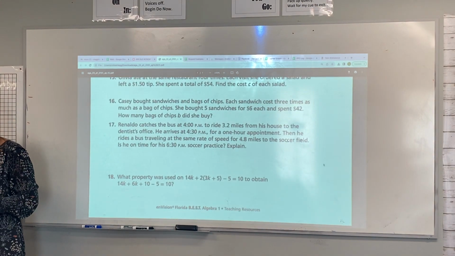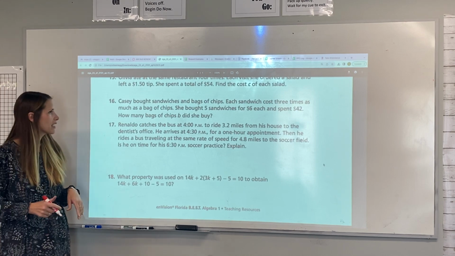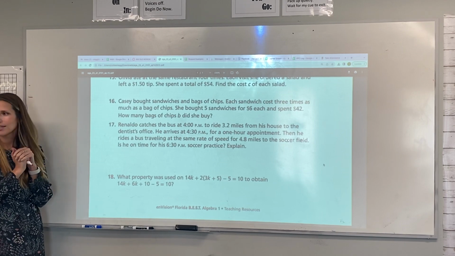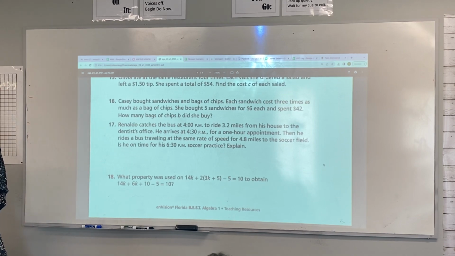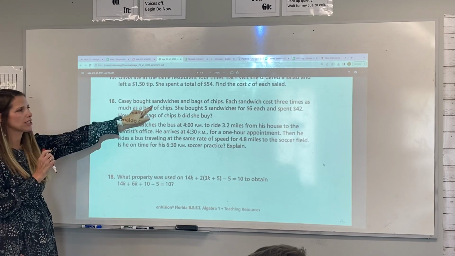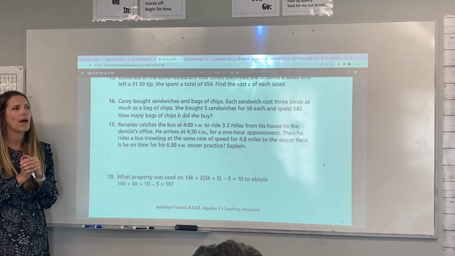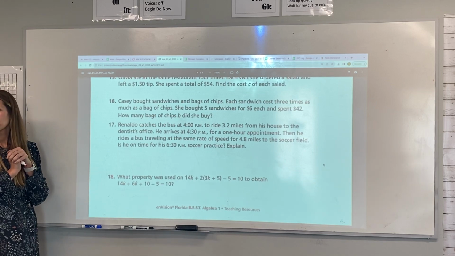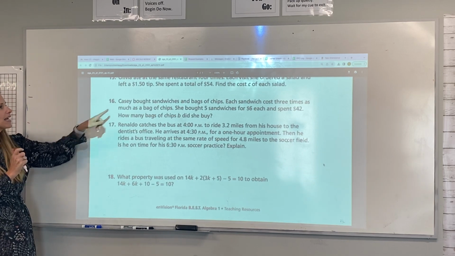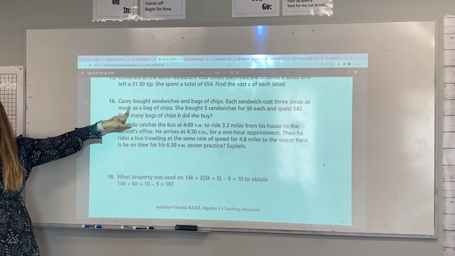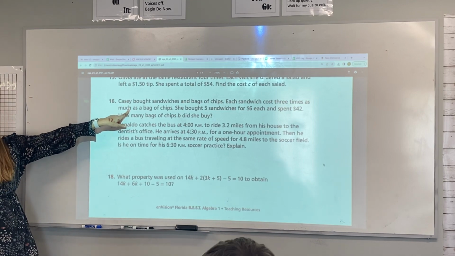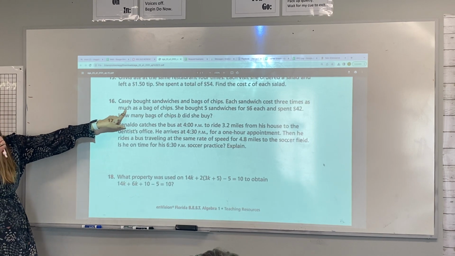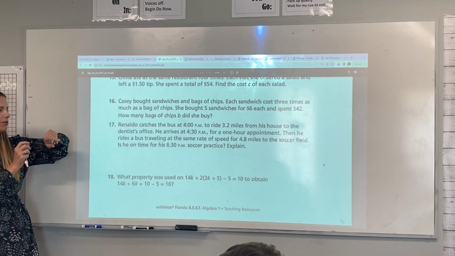For number 16, now we're talking about Casey. Casey bought sandwiches and bags of chips. I need everybody's attention up here now because we're looking at number 16.